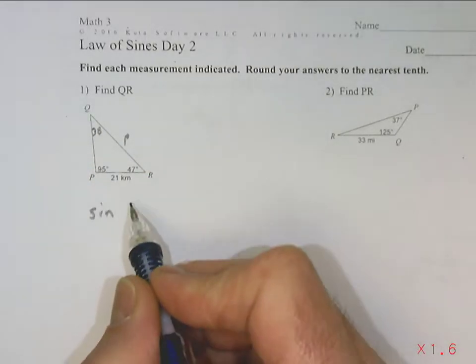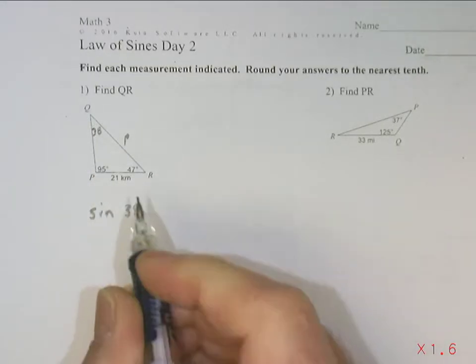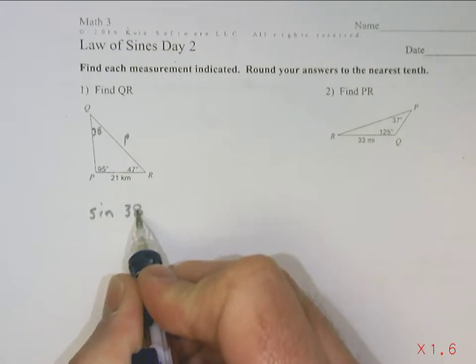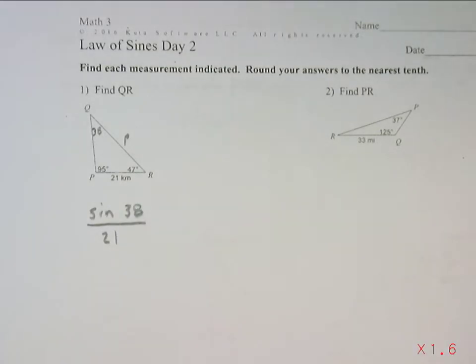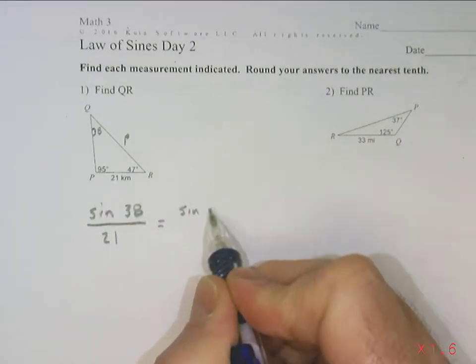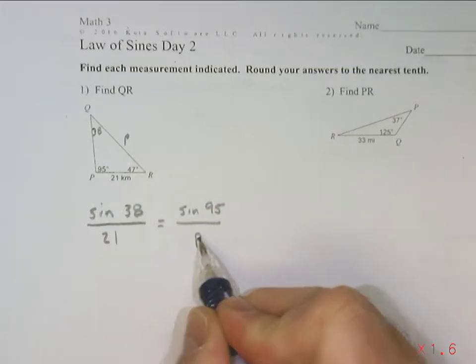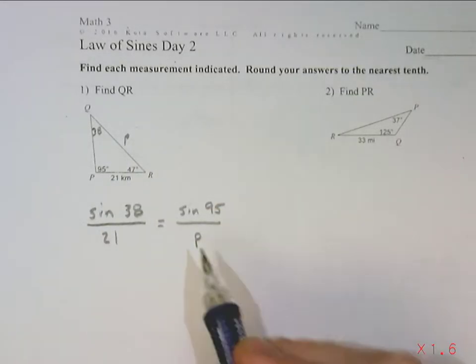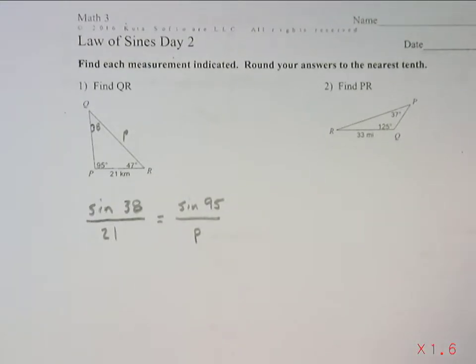So the first ratio that I'm going to write is sine of that angle 38 over its opposite side, in this case 21 kilometers. I'm going to leave the labeling off for now. Has to equal sine of 95 over its opposite side, in this case little p. So there's my ratio with 1 unknown, three things that I do know, and I'll cross multiply this problem to get rid of fractions here.